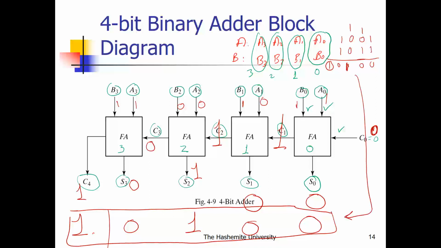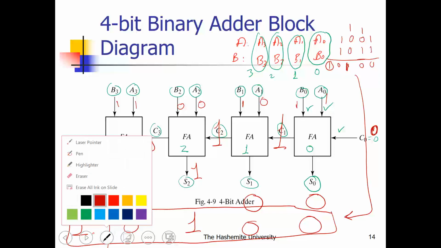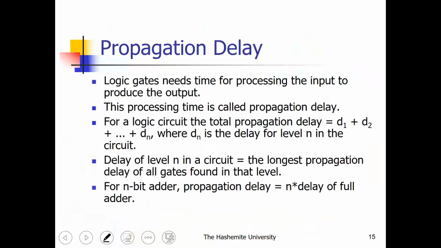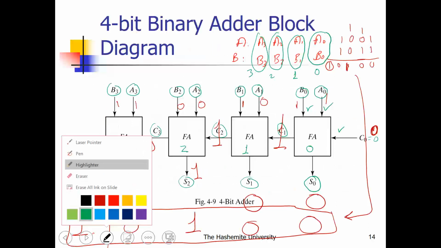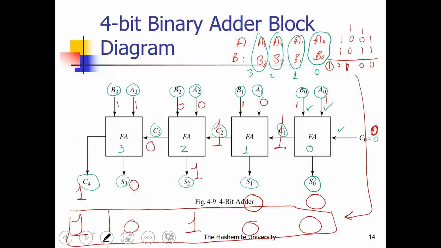Okay, so this is in terms of 4-bit. Now, obviously, one question is about the delay of this adder, and the delay of this adder is important because these types of adders are carry propagate adders, and they don't produce the sum at the same time.